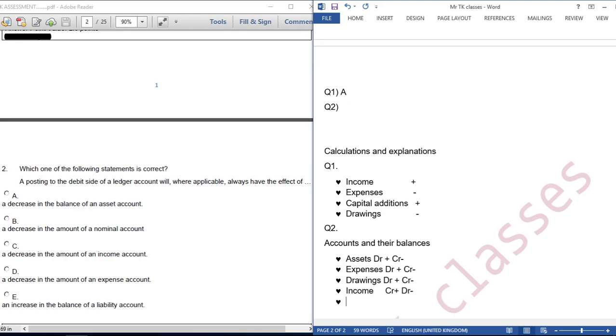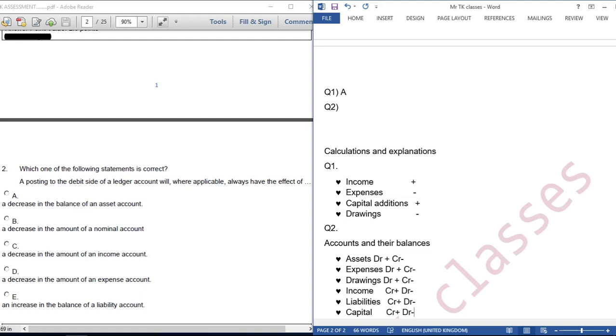Then the next one is liabilities. Here, credit balance, increase on the credit side and decrease on the debit side. Then capital, credit balance, decrease on the debit side.